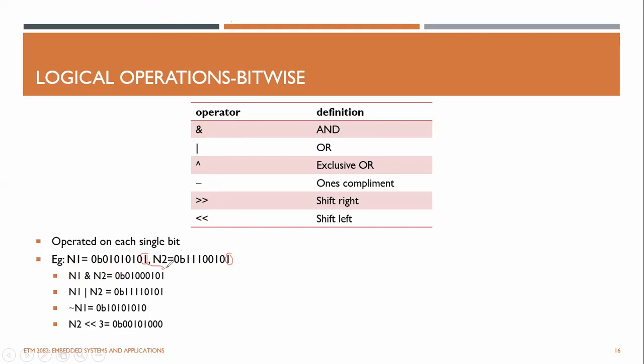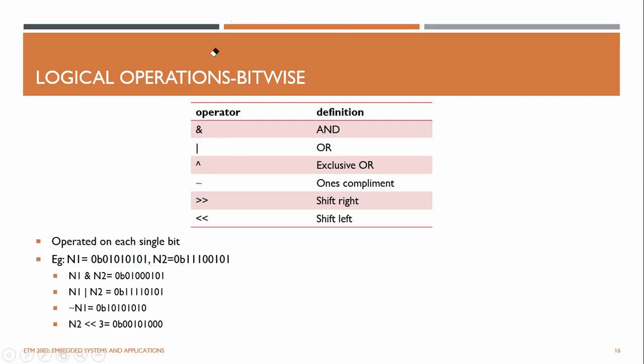So this result has come from the AND of these two. This is 1 and this is 1, and the AND of that is 1. And if you take this 0 and this 0, and 0 and 0, and this 0, right? Likewise, you have to apply it to every single bit to get the result. That is why it is called bitwise AND.